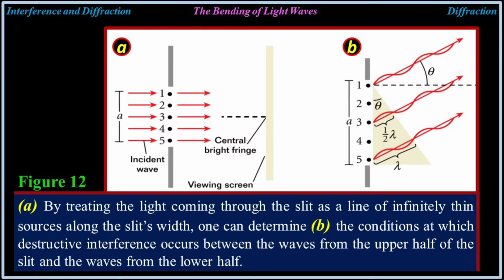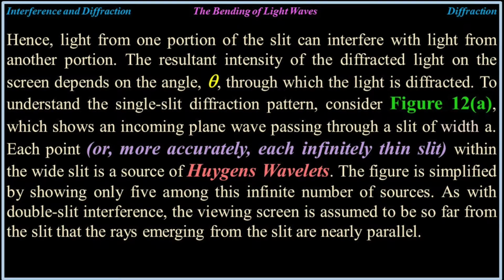By treating the light coming through the slit as a line of infinitely thin sources along the slit's width, one can determine the conditions at which destructive interference occurs between the waves from the upper half of the slit and the waves from the lower half. Hence, light from one portion of the slit can interfere with light from another portion.